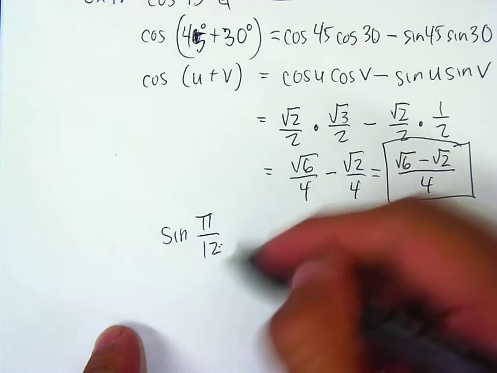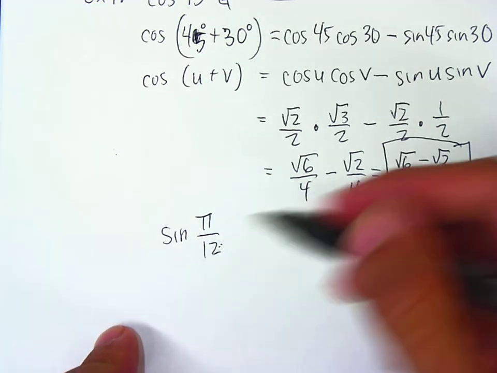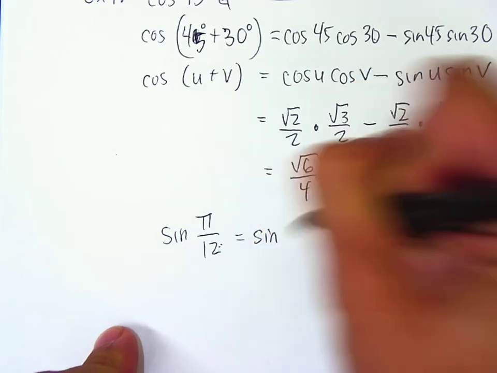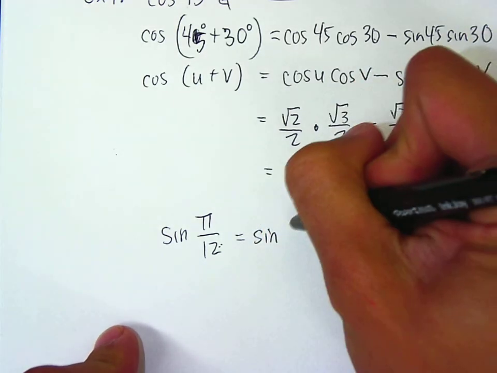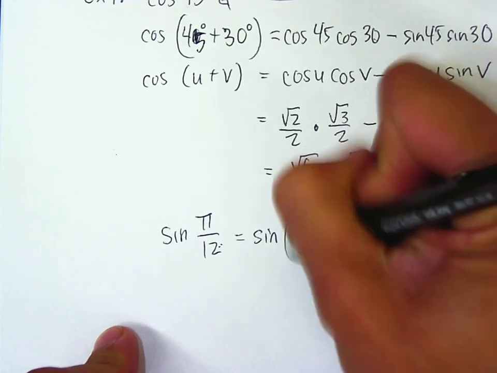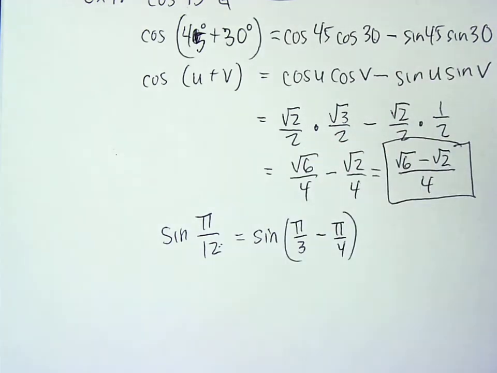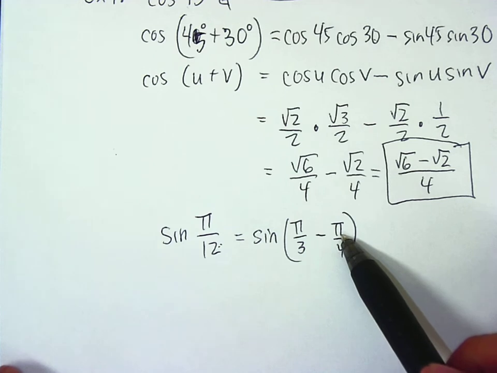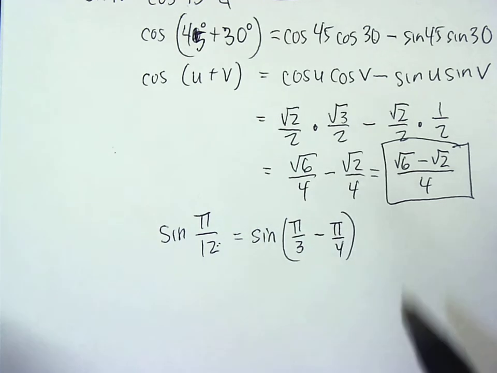So I want to somehow write it as unit circle values. So instead of sine of pi over 12, I'm going to write it as sine of pi over 3 minus pi over 4. Because pi over 3 minus pi over 4 is actually 4 pi over 12 minus 3 pi over 12, which is still pi over 12.